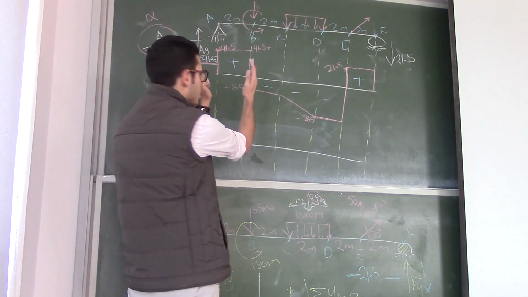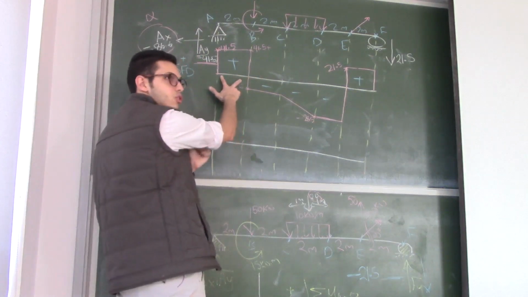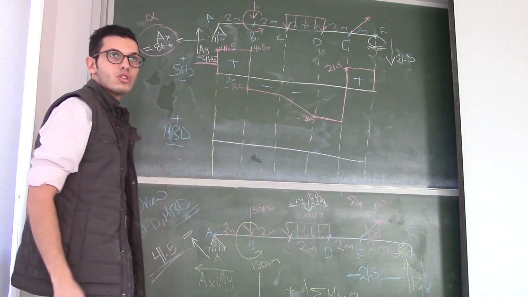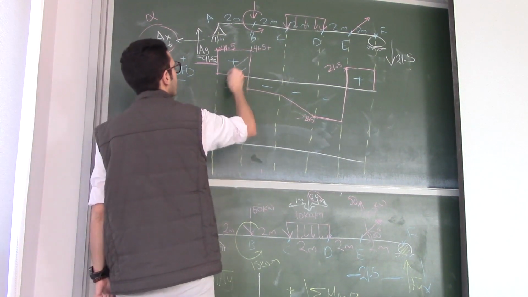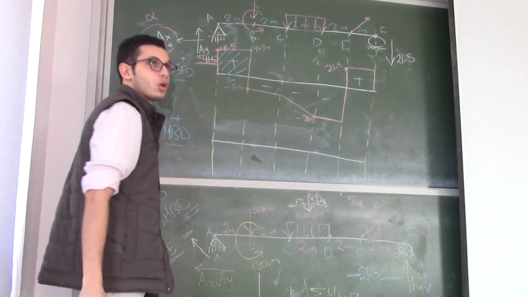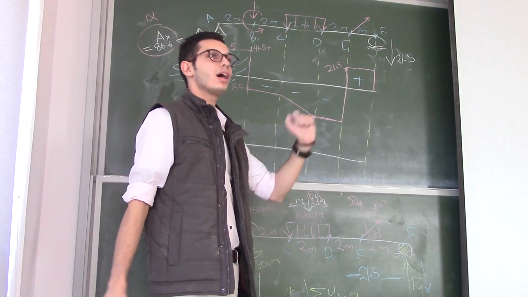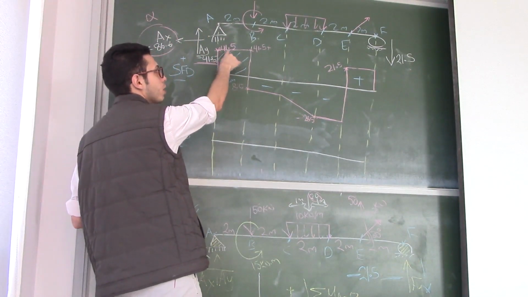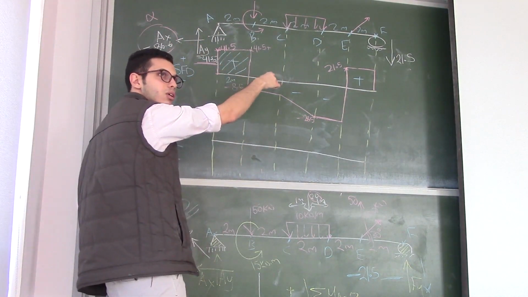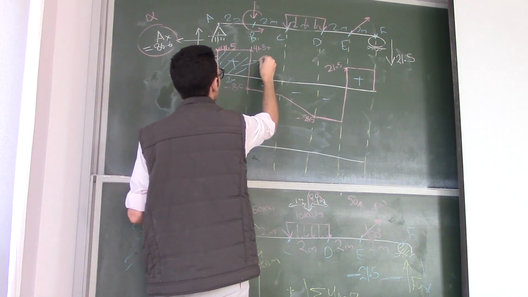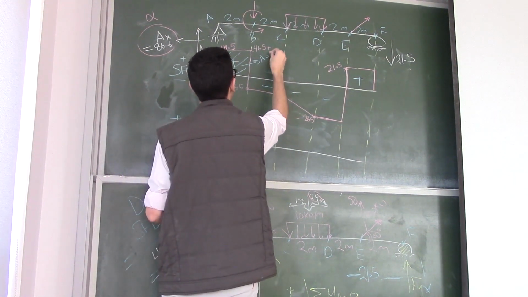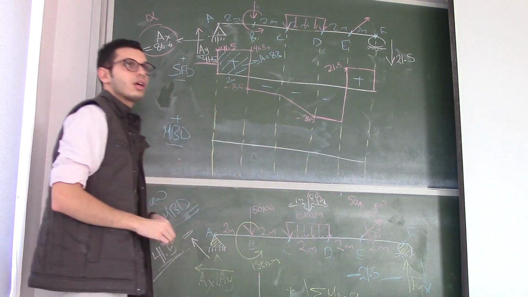In this region, these 2 meters, we should calculate the area, right? It's a rectangle. How much is the area for this one? Because the moment is the area under the shear curve, right? So the area here is 41.5 multiplied by 2, so A equals 83.